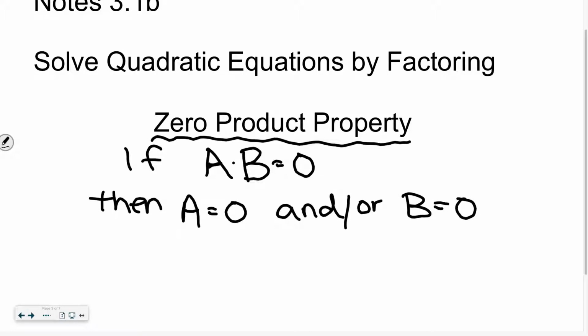Right? And this one we could really make biconditional, with an if and only if in the middle. We could switch it around. If A equals 0 and or B equals 0, then A times B is 0. So this is the base, the foundation for solve by factoring.